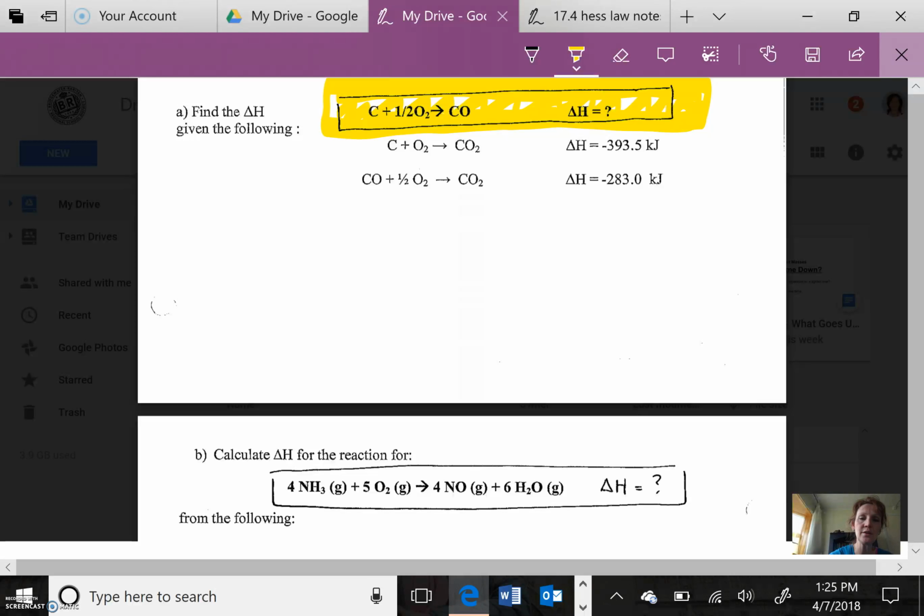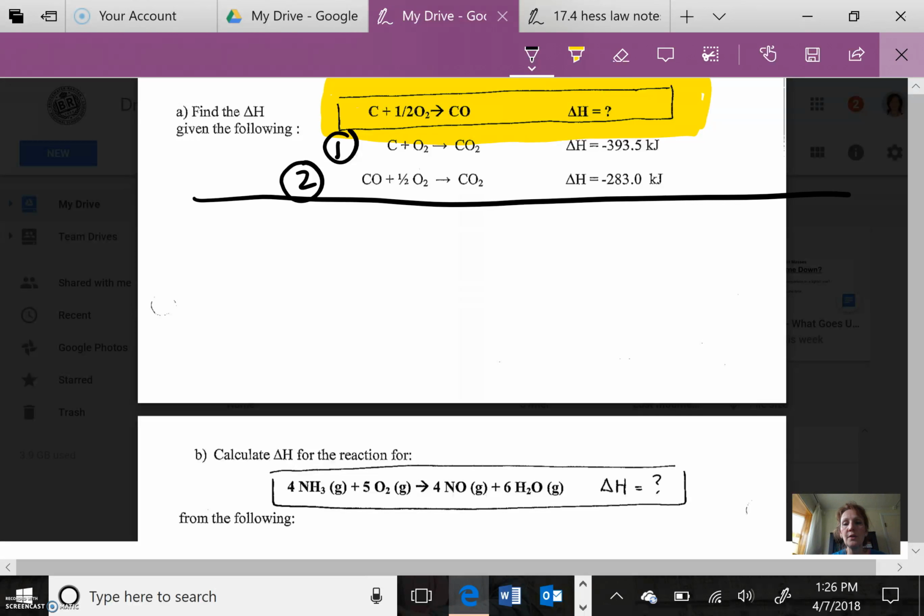I'm just going to calculate the heat of reaction on paper. Okay, so this is the original reaction, and now I'm going to number these other related reactions, reactions 1 and 2. Okay, I'm going to show you how to analyze this.